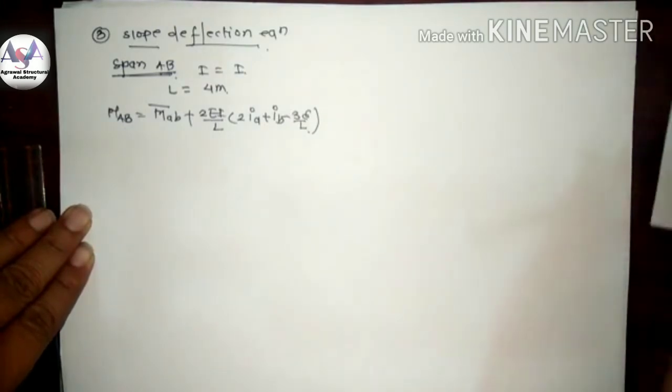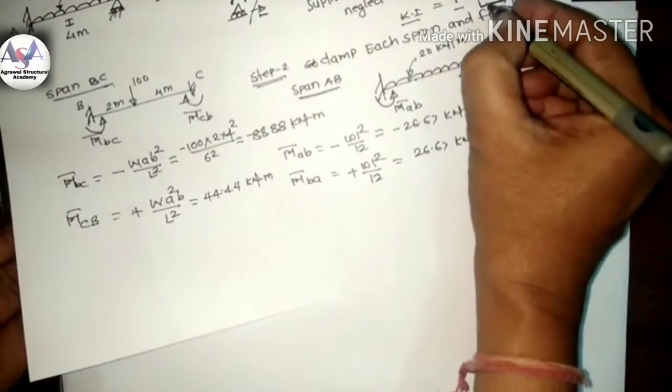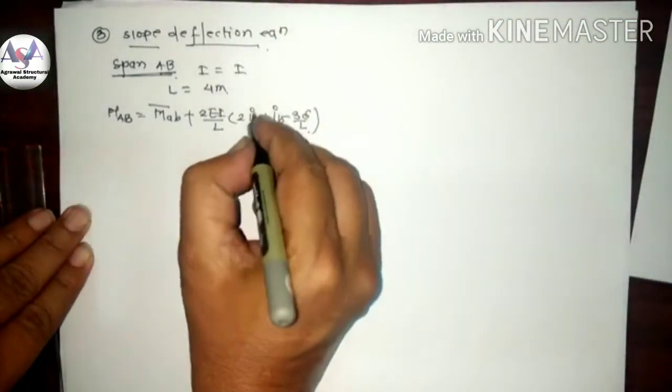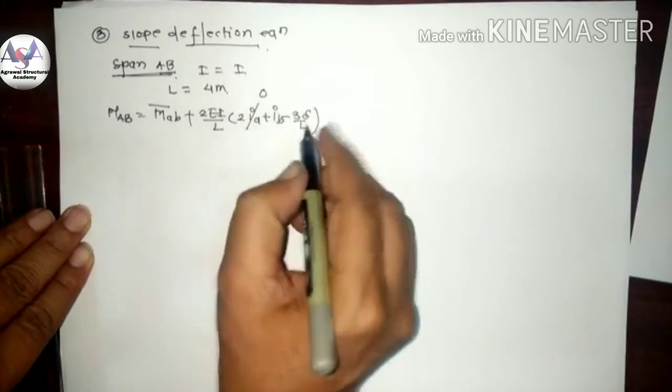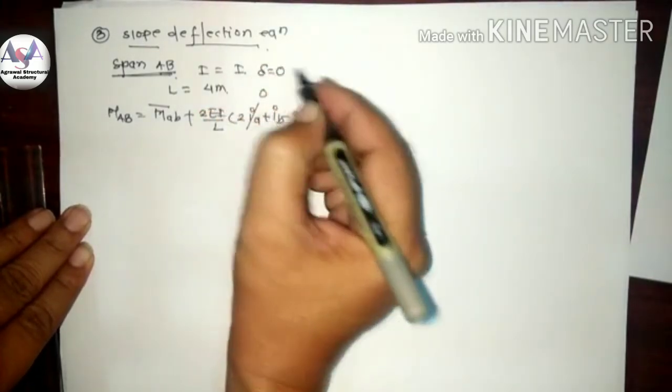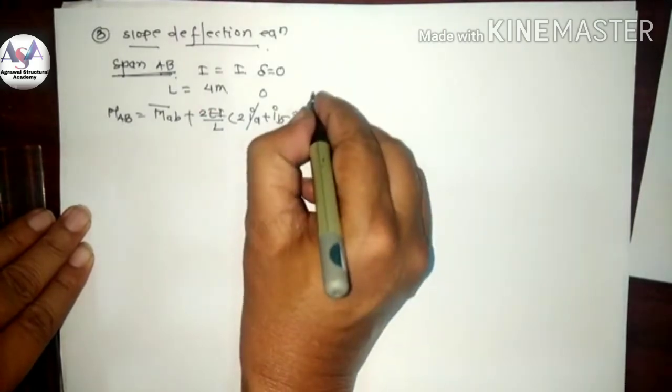Now the only displacement is only theta B. So theta A and theta C are equal to 0. So this theta A is equal to 0. Here delta is not given. Sinking of support is not here. That is why delta is 0.